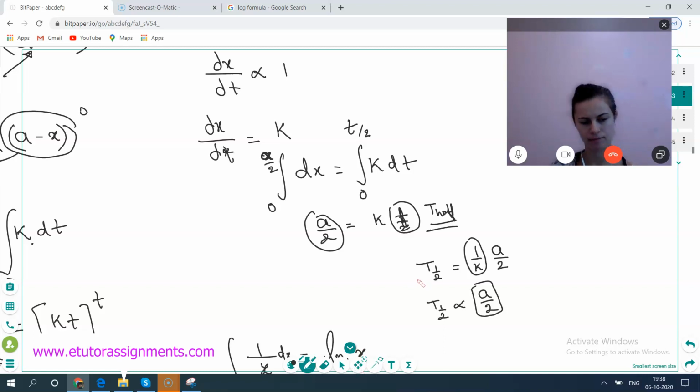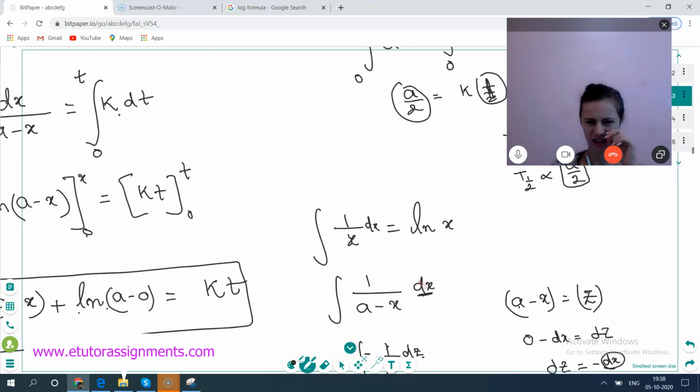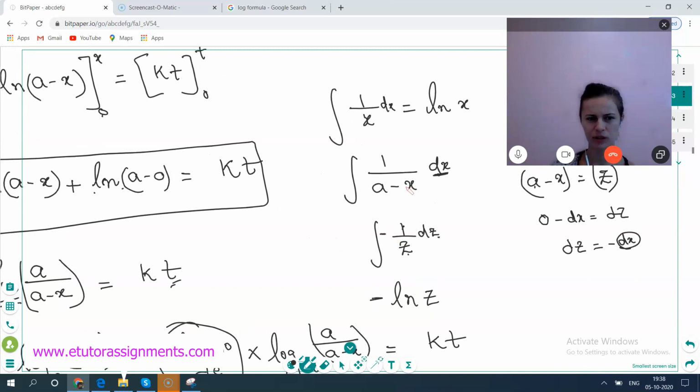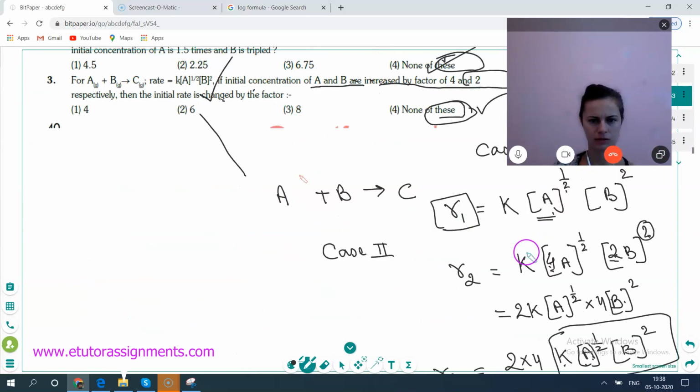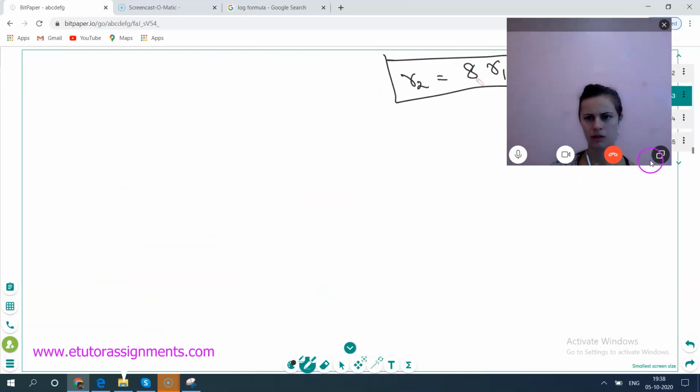See what they are asking. Which page is this question? Next page then.